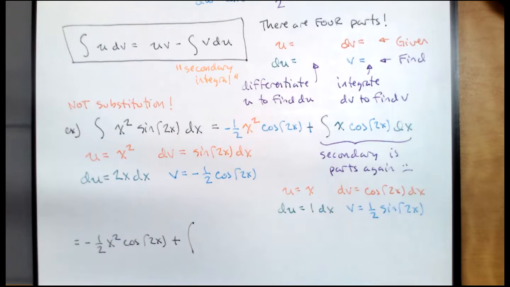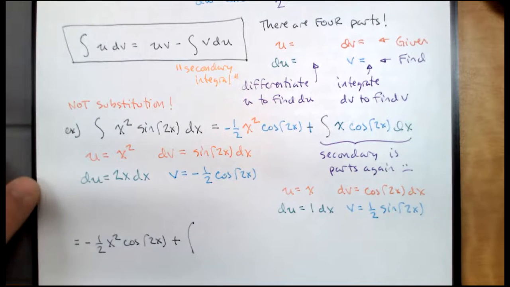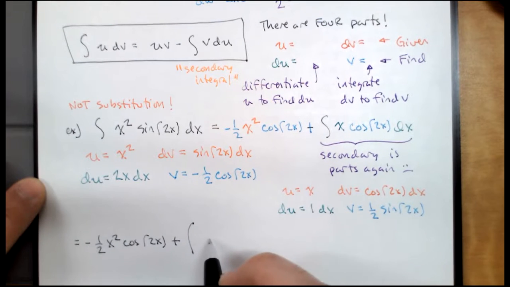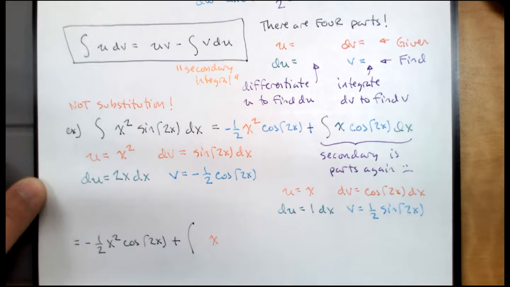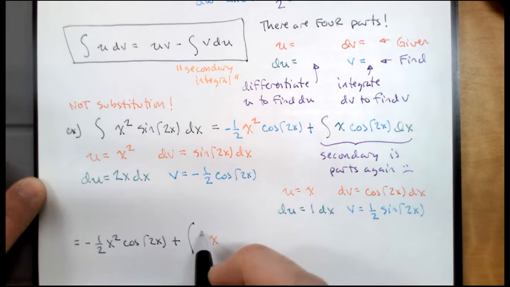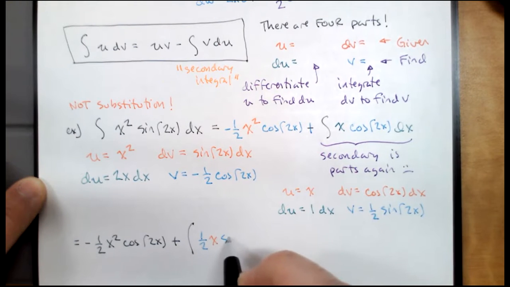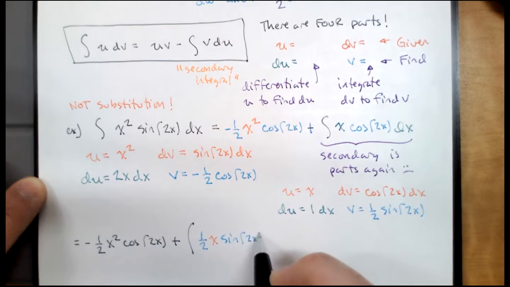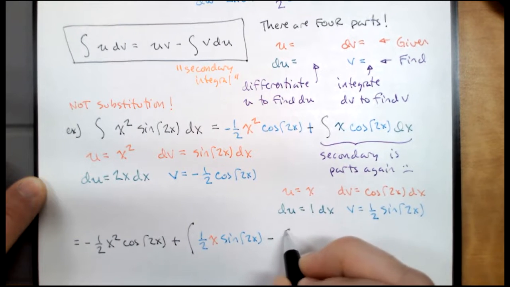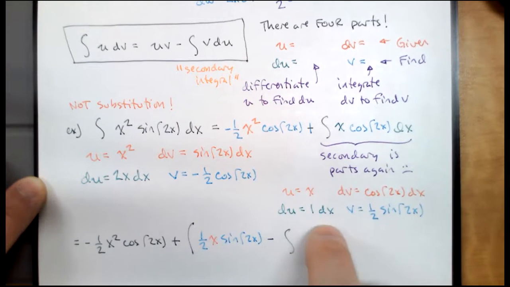So now my secondary integral in the parts formula is going to be uv minus the integral of v times du. So I'm going to have u times v minus the integral of v times du.